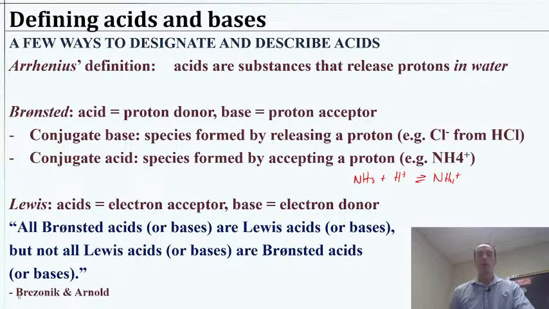So ammonia can accept that proton, and that's why it's acting as a base, taking away protons from solution and forming ammonium ions. That's really the description of a base, and the NH4 plus is the conjugate acid in that sense.